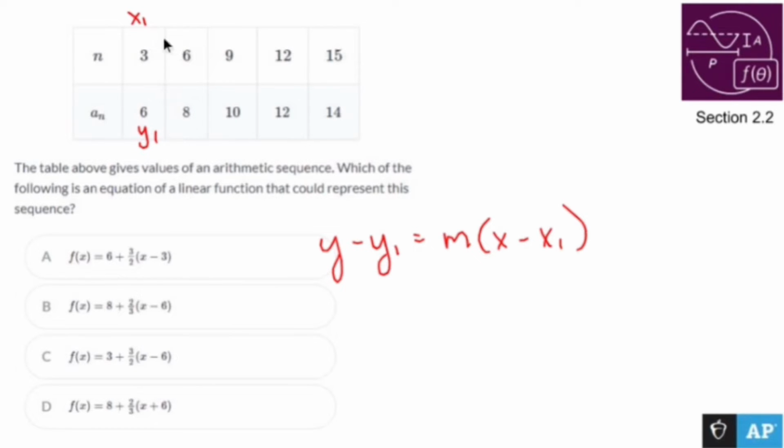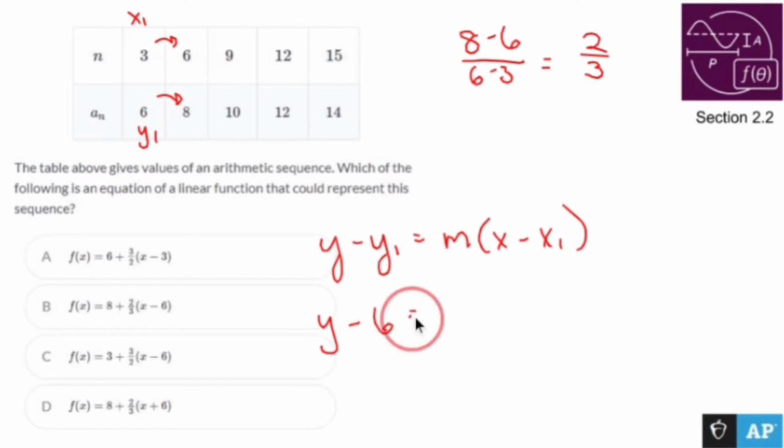So the slope can be found by doing something like 8 minus 6 over 6 minus 3. This is the slope formula. That gives 2/3. And then when I plug stuff in, I get y minus y sub 1, which is 6, equals 2/3 times the quantity x minus x sub 1, which I called 3.